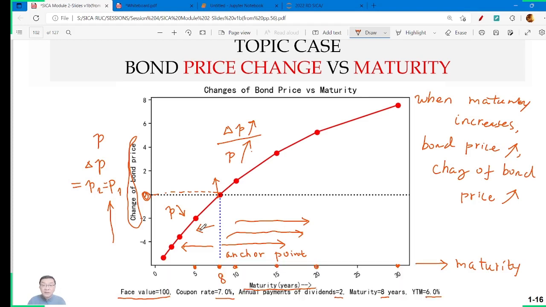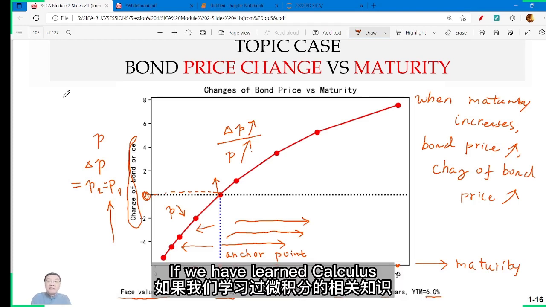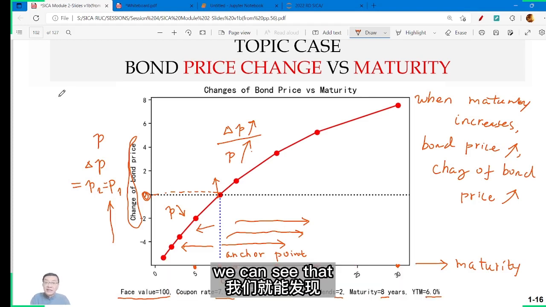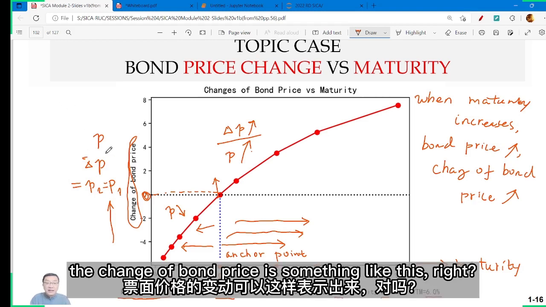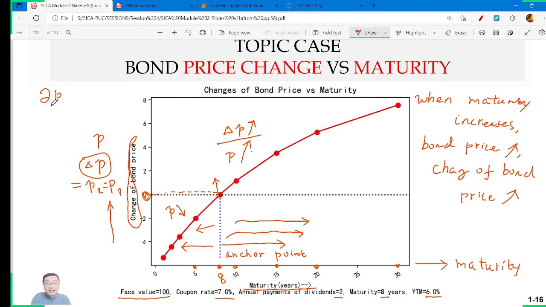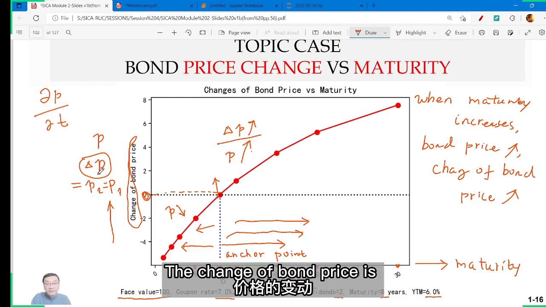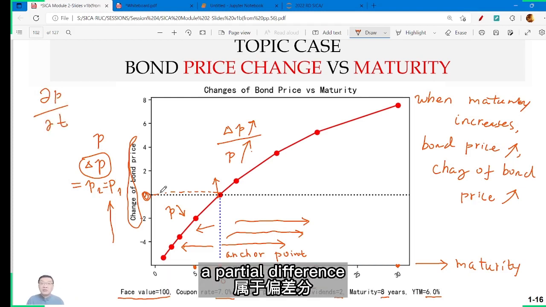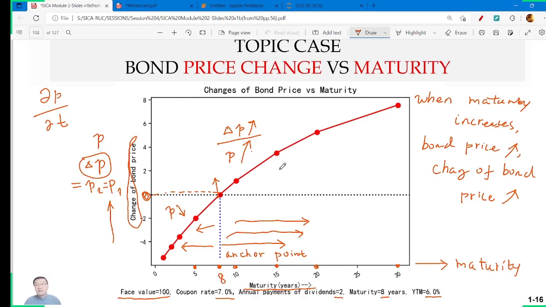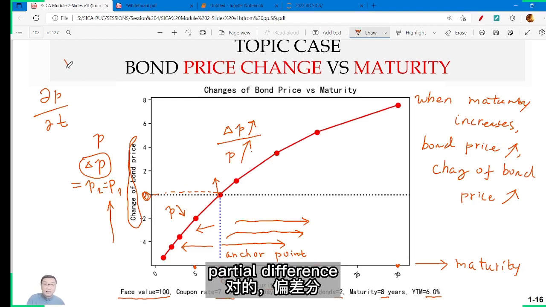as well as the change of bond price goes down as well. If we have learned calculus, we can see that the change of bond price is something like this, right? The change of bond price is a partial difference.